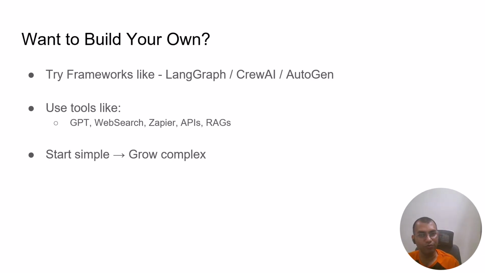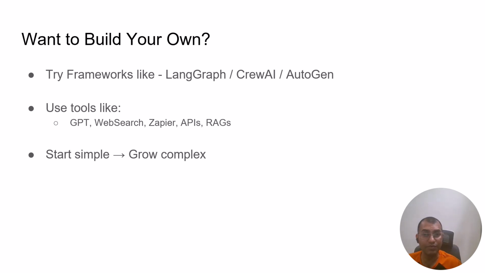If you want to build your own AI agents, there are different frameworks available. The very well-known frameworks are LangGraph, CrewAI, and AutoGen. These are all different types of frameworks that you can explore. You can also explore a whole tool stack, including the models. You can start with GPT-based models. You can use Google search, web search. There are different tools available for doing the search.